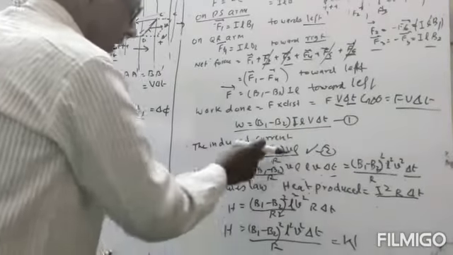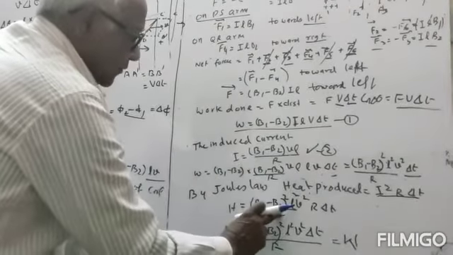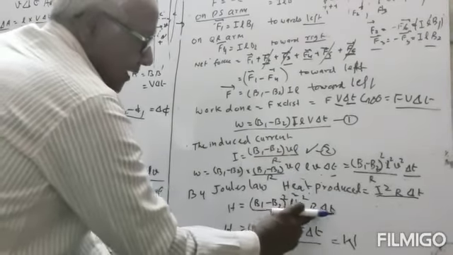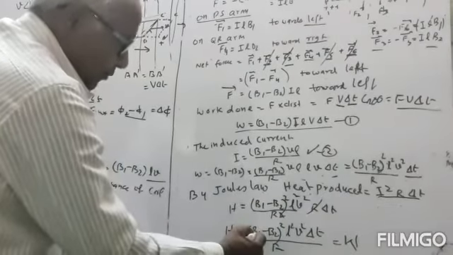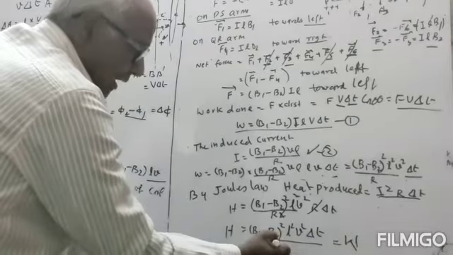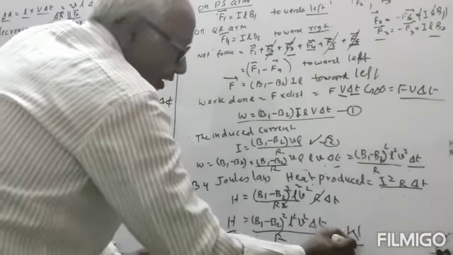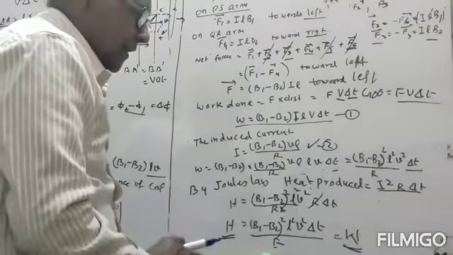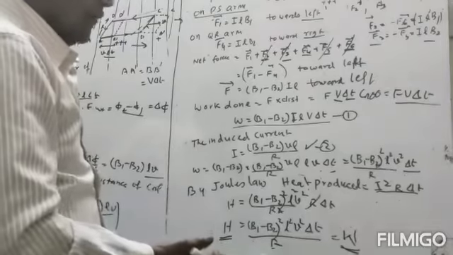We substitute the value of I from here, then H will be equal to (B1 minus B2) squared, v squared, L squared, divided by R squared, into R into delta t. One R will cancel here, so it will be equal to (B1 minus B2) squared L squared v squared delta t divided by R, and this heat produced is equal to the work done. So we can say that the work done is converted to heat, so there is conservation of energy.